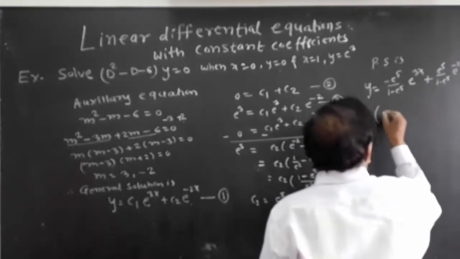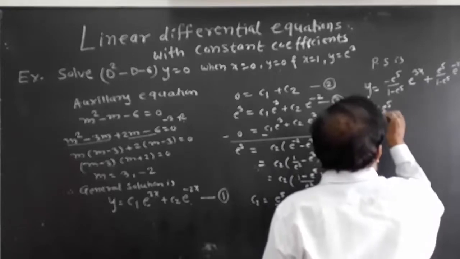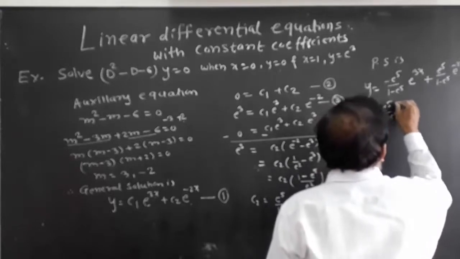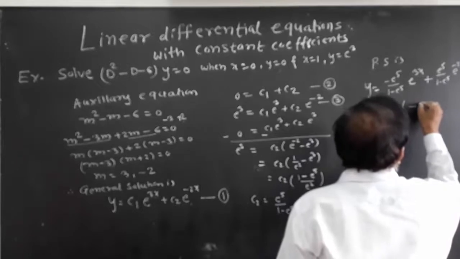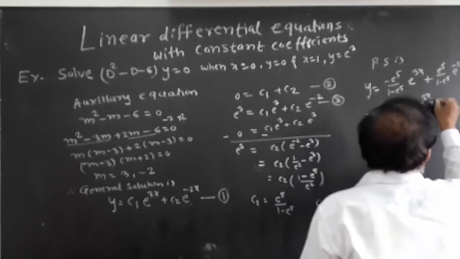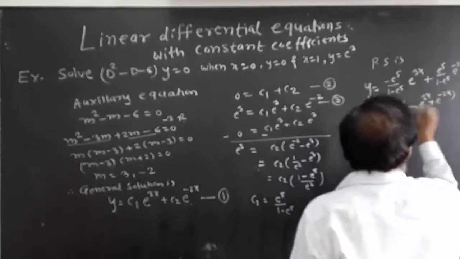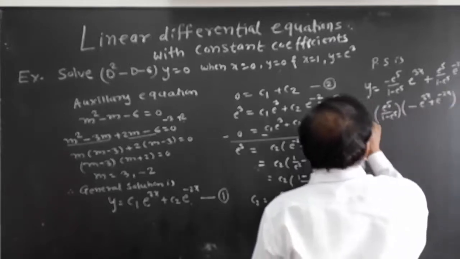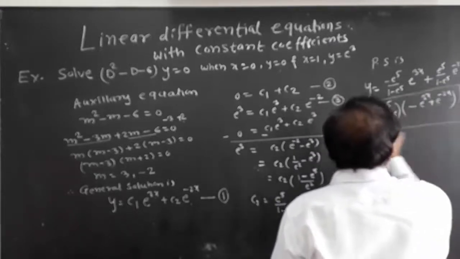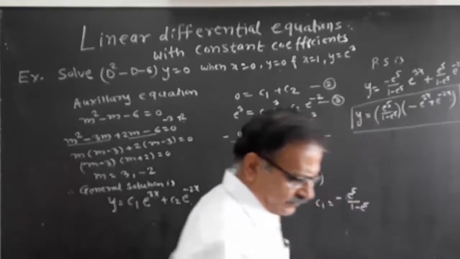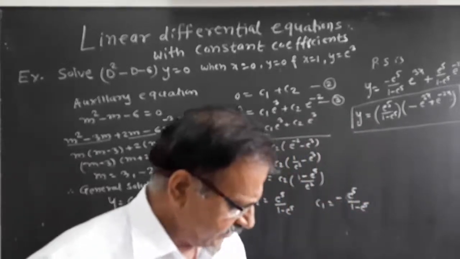That is nothing but e raised to 5 divided by 1 minus e raised to 5 into (minus e raised to 3x plus e raised to minus 2x). This is the particular solution of the differential equation.